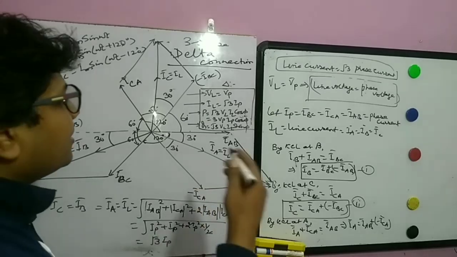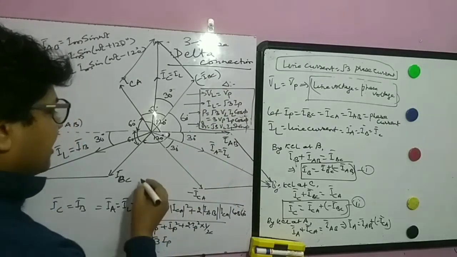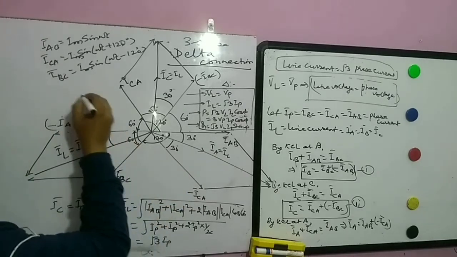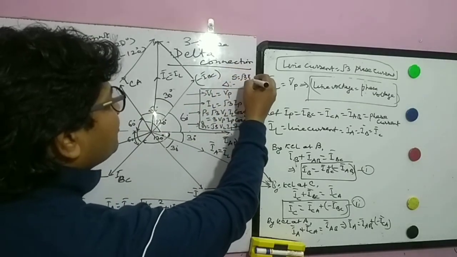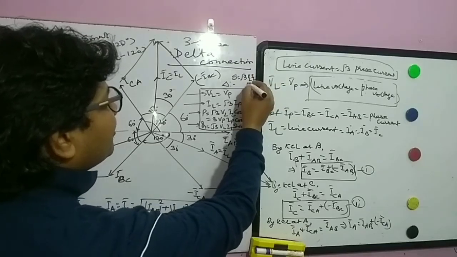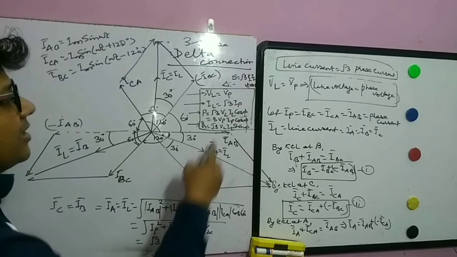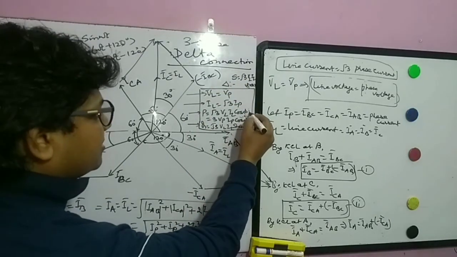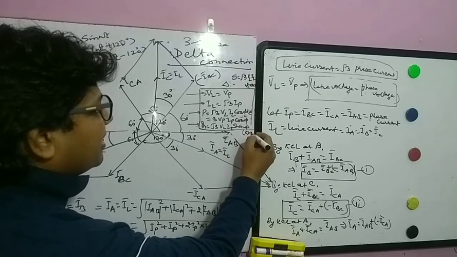Fine. And if we are talking about kVA, kVA means S, and we can write S is equal to root 3 times VL into IL, and we are getting it in form of kVA. This is in kVA, this is apparent power, this is in watt, and this is kVAR.